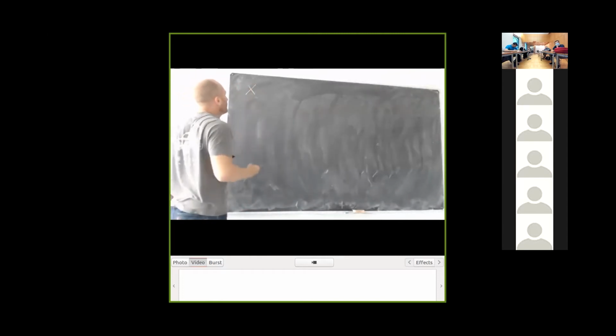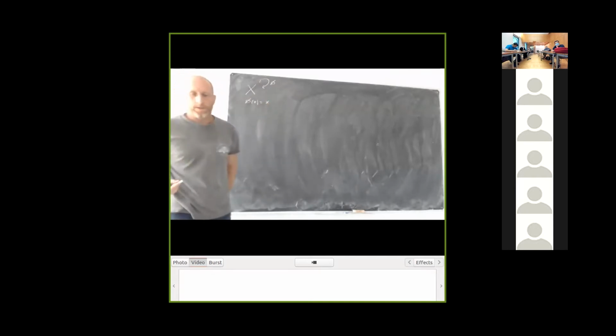So you have some space, you have some mapping, and you want to find conditions so that one point gets fixed. And this is important for many aspects in mathematics.